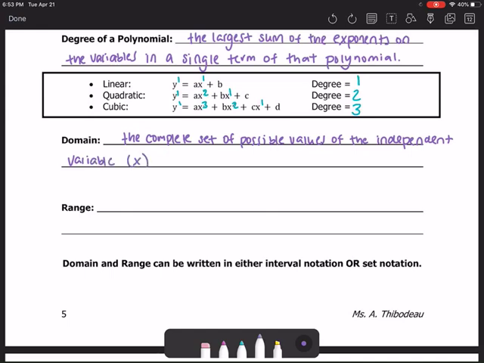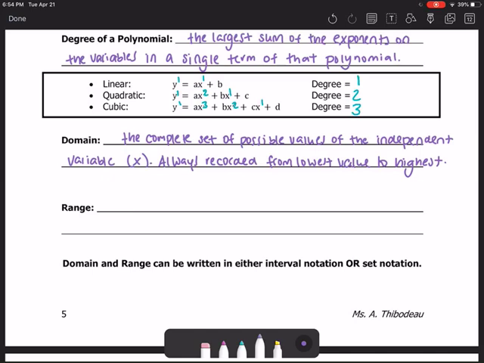A lot of the time we refer to it as x, but sometimes we use other letters. And it's always recorded from lowest value to highest value. Particularly when we're talking about interval notation.